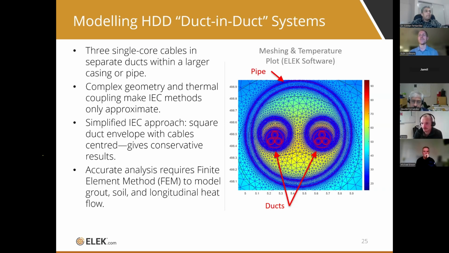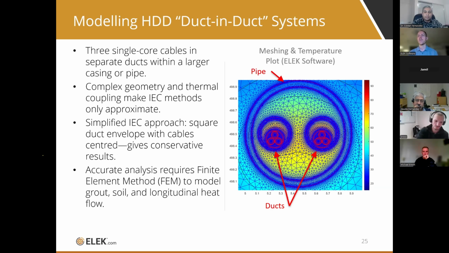There are some extensions to the analytical IEC methods that can deal with some basic symmetrical configurations of this, with lots of conservative assumptions that will result in conservative results. However, the image that you see here, which is from our software, you can't model using analytical expressions that we're aware of, and you need to use FEM.